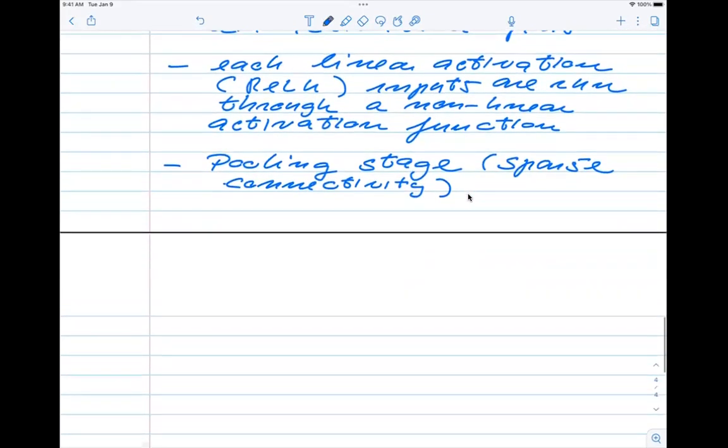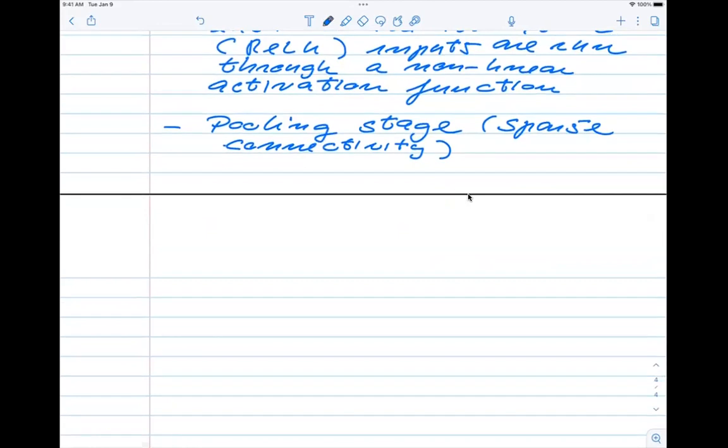So the pooling stage means that if you look at the input to the pooling layer, suppose you have 4 specific nodes here, this is something which would come out from the ReLU layer. With sparse connectivity, it means that not all the nodes are connected. And then we are looking at the nodes in the pooling layer. So this would be the pooling.